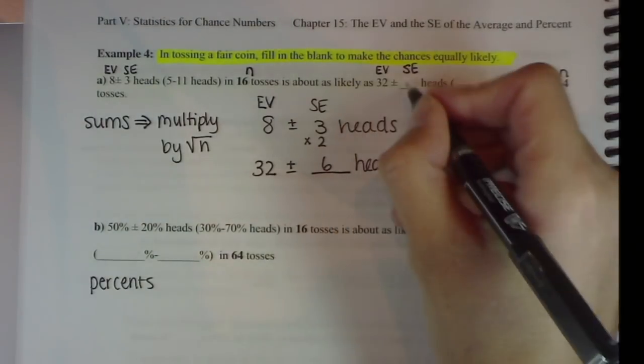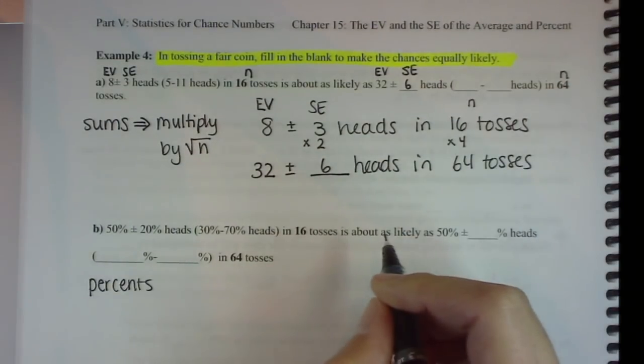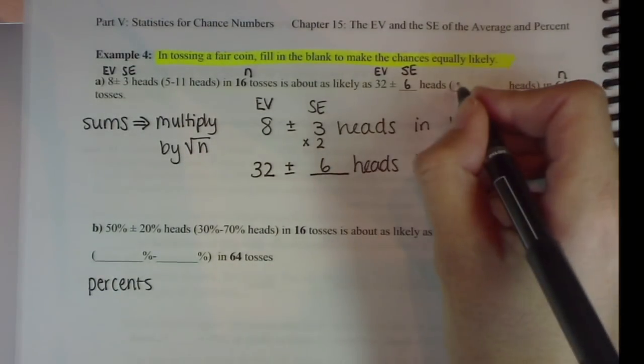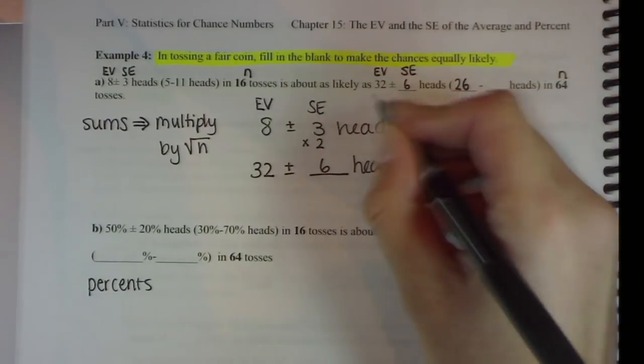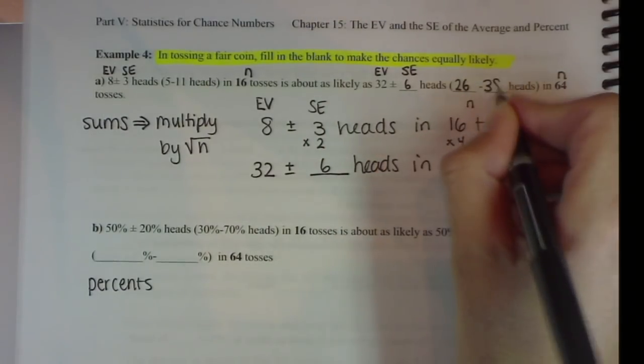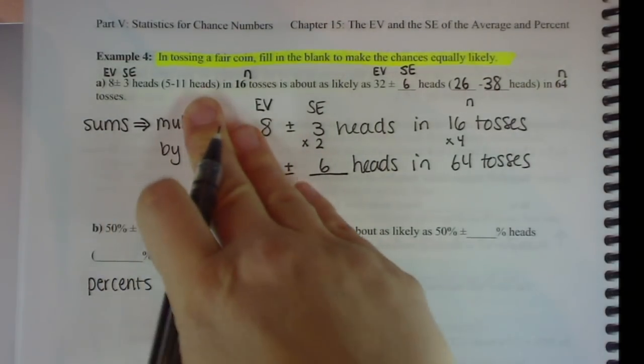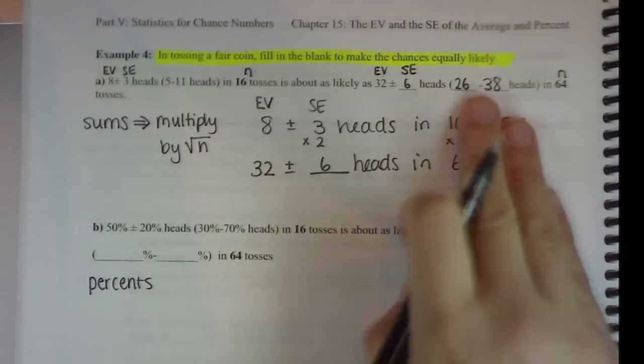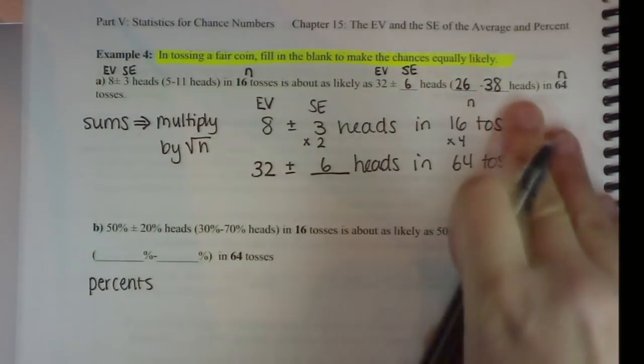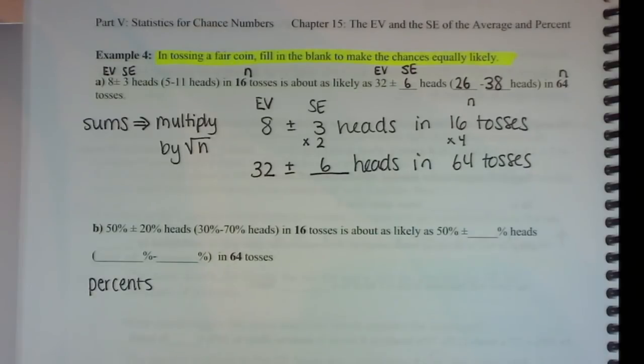So I could fill in my blank, 32 plus or minus 6. 32 minus 6 would be 26, and then 32 plus 6 is 38. So getting 5 to 11 heads in 16 tosses is just as likely as getting 26 to 38 heads in 64 tosses. Question, yeah?